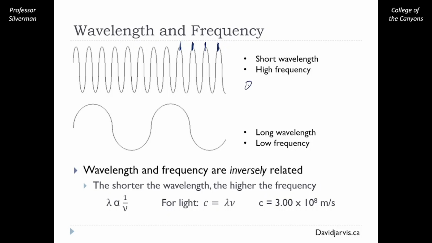As we're standing there watching, we can see a lot of these waves pass by every second. If you want to count a beat every time you see a wave, it's going to be a very fast beat.